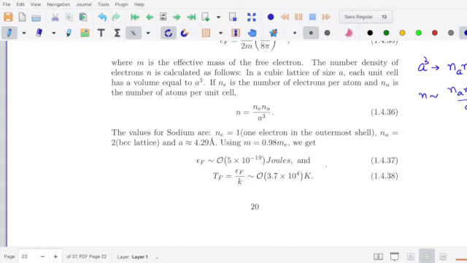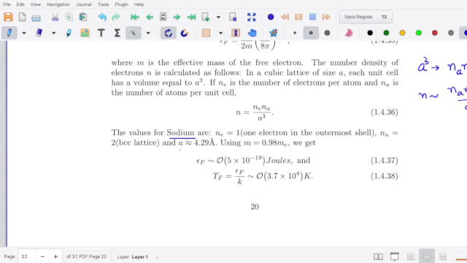Now we can consider a typical atom. For example, we consider sodium here, and sodium provides one electron in its outermost shell to become the free electron. So Ne equals 1 for sodium, and Na, which is the average number of atoms per unit cell, for sodium and for BCC lattice is equal to 2.